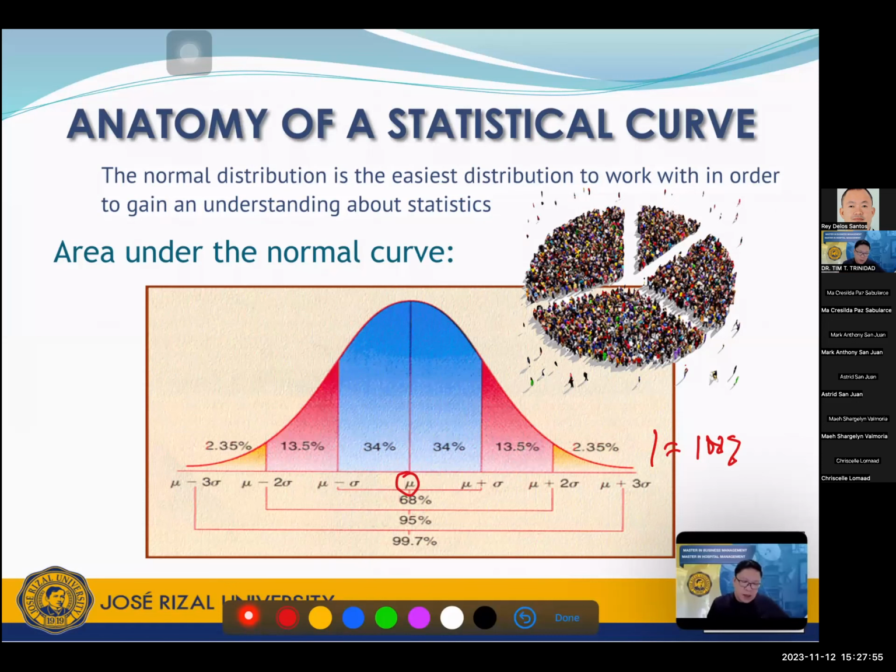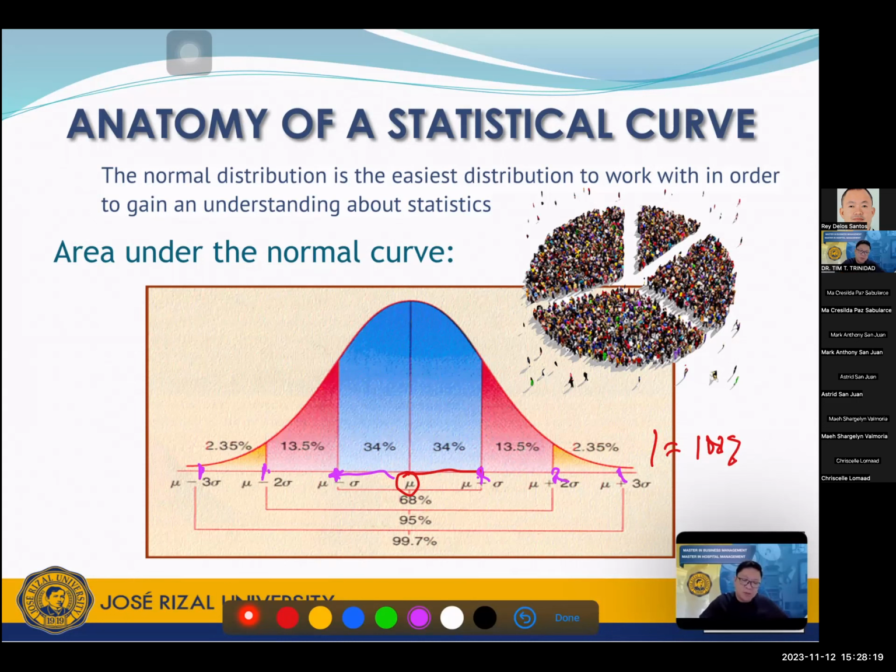So one standard deviation, meaning to say, is one standard deviation away, that is positive. This is negative. So this is one standard deviation, two standard deviation, three standard deviation, positive, 1, 2, 3, negative. And it has corresponding values.